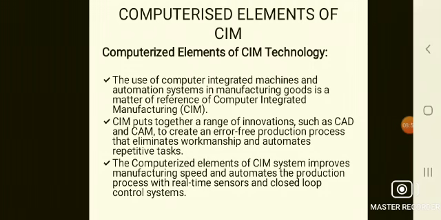The computerized elements of the CIM system improve the manufacturing speed and automate the production process with real-time sensors and closed-loop control systems.